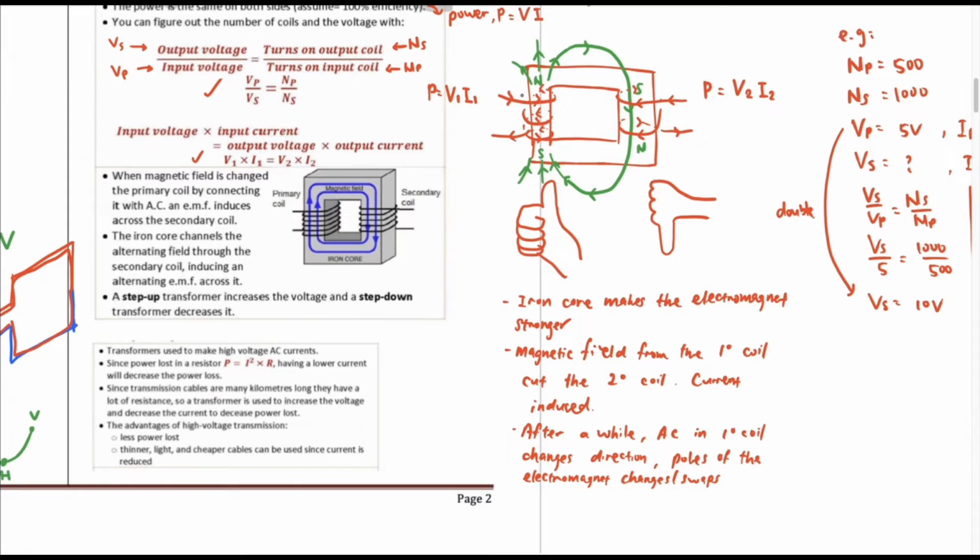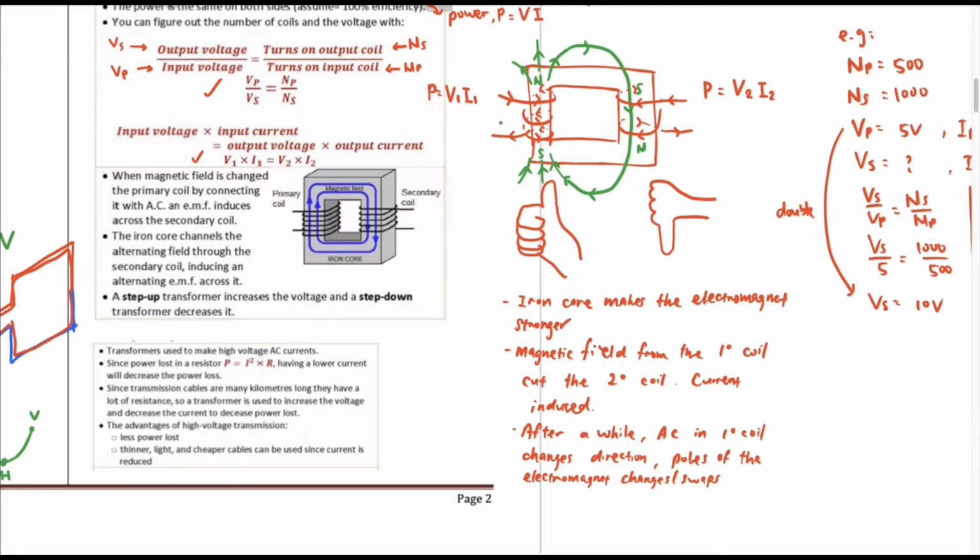Try to imagine. When you are using alternating current, at one moment, the current flows this way. Then here becomes North Pole. North Pole is where the magnetic field comes out and cuts the secondary coil. When it cuts the secondary coil, current is induced in this direction.